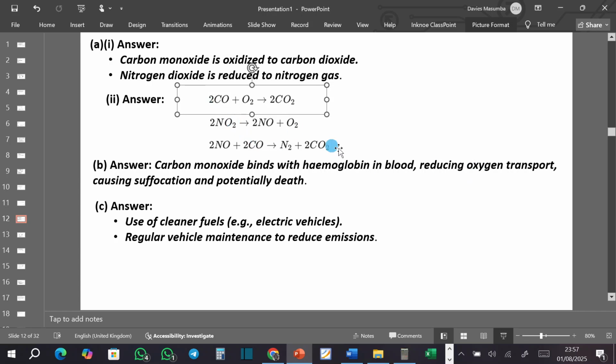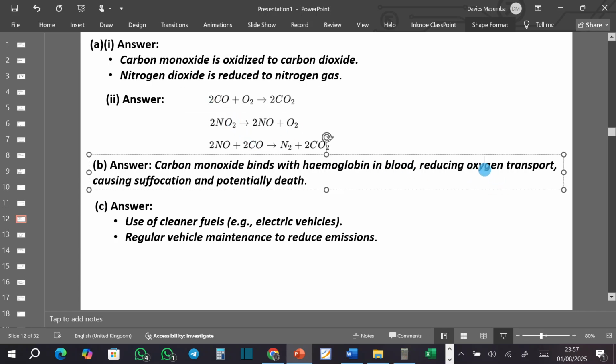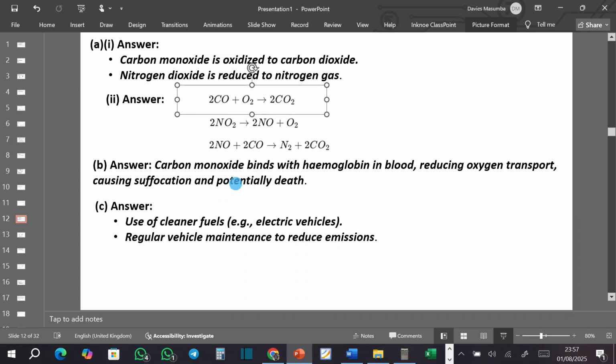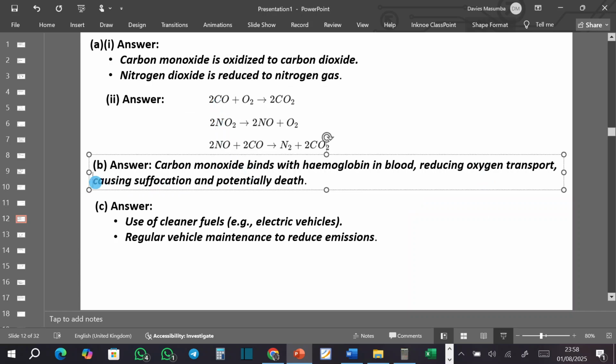So if you release oxygen and carbon monoxide together, hemoglobin will pick carbon monoxide. And this carbon monoxide is poisonous, it's not helpful. So instead of breathing oxygen, you will die of suffocation because of lack of oxygen. This is what happens when people go inside the house with a brazier with windows closed, because the brazier is burning carbon using oxygen.